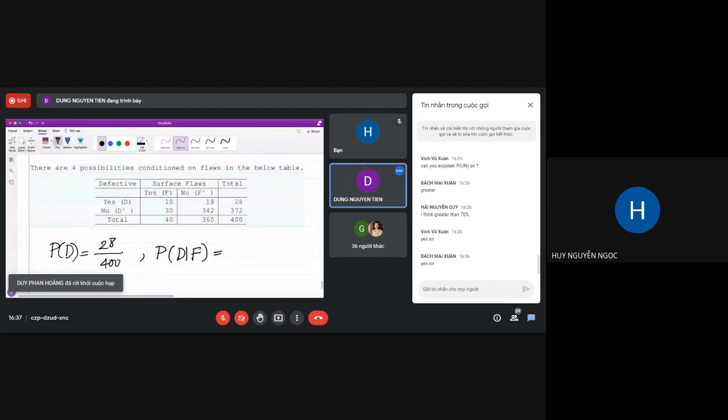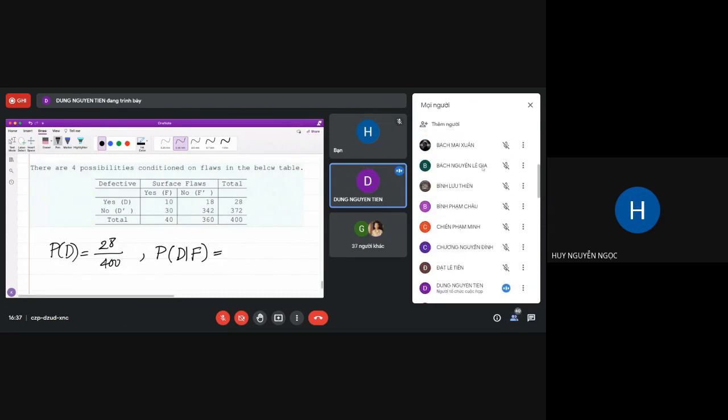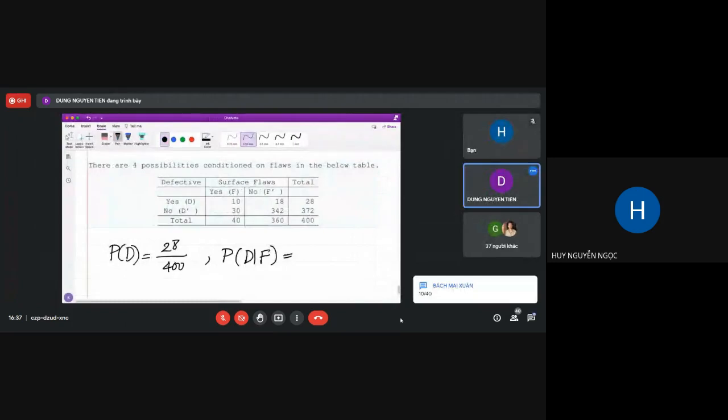It should be greater than, right? If you find some flaws on the surface, then you think that it is not a good one. We cannot conclude that for sure, but it is just one indicator that you may get a defective item, right? How can you get this probability?